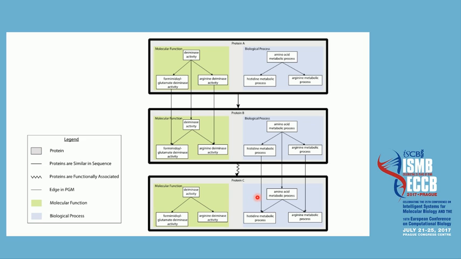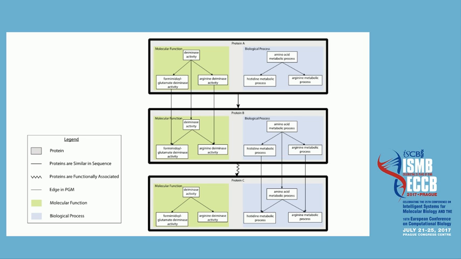Now, when 2 proteins are functionally associated, we model biological process in an analogous way to molecular function. So we're modeling multiple aspects of protein function, and then we link the corresponding biological process terms.